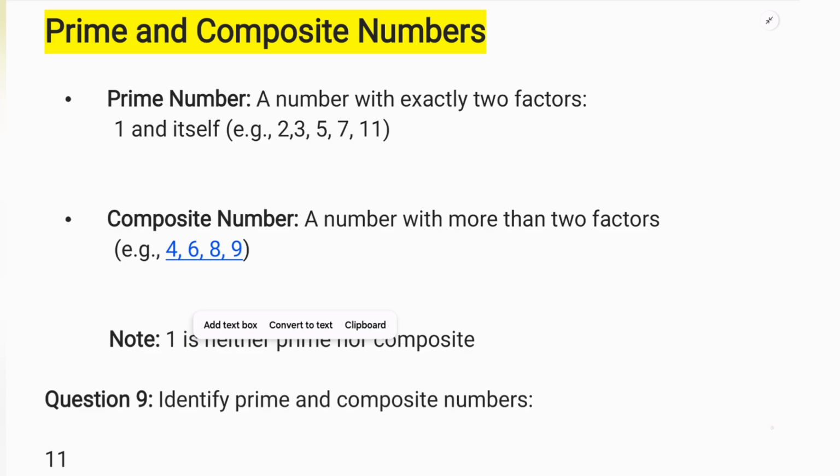So here, prime numbers. What are prime numbers? Any number which has only two factors, like 1 and itself. If I say 2, smallest prime number is 2.